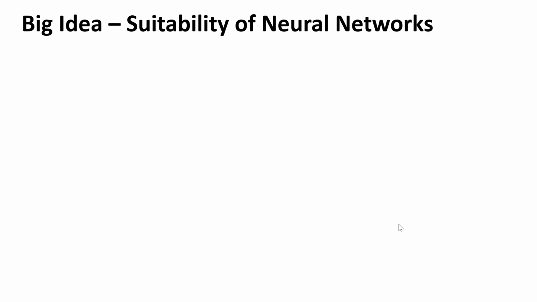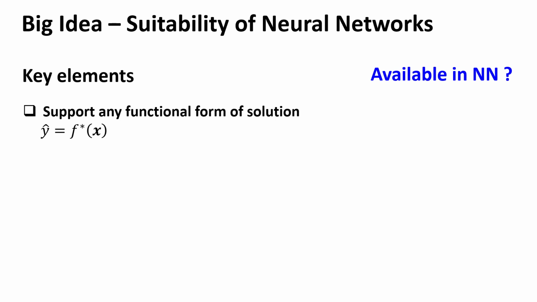Okay, so to solve these problems in which constraints are driven by physics, let's look at the suitability of neural networks. The first key element needed to support this is that we should have a way to support any functional form of the solution, y hat is f star of x.